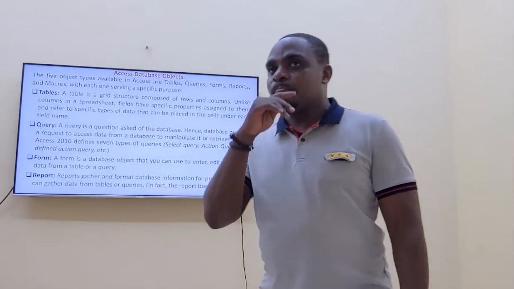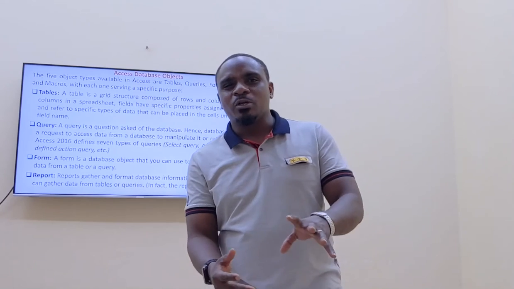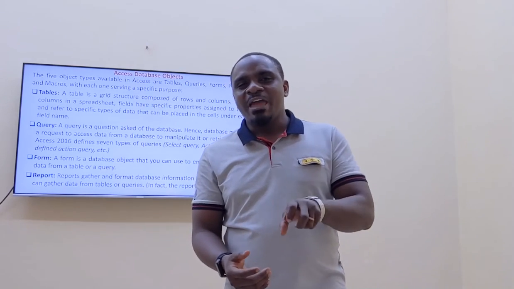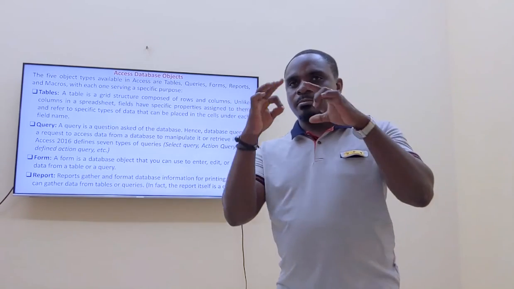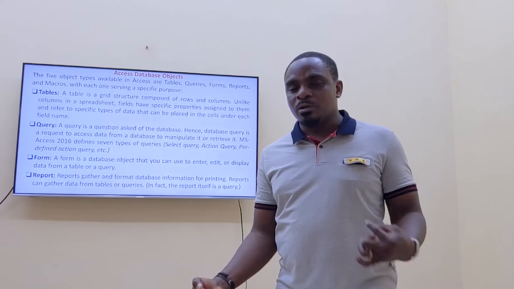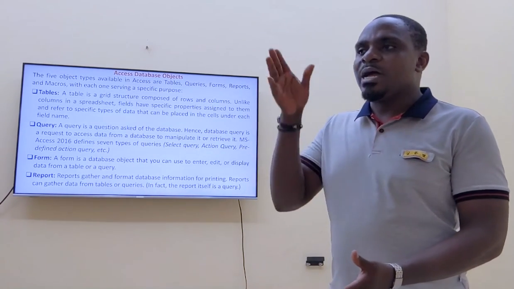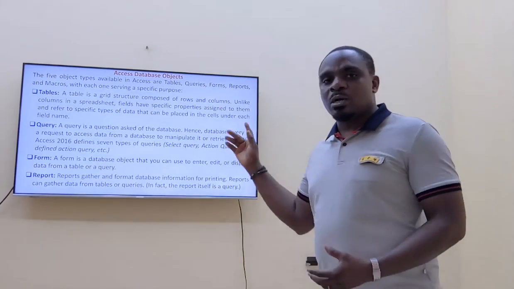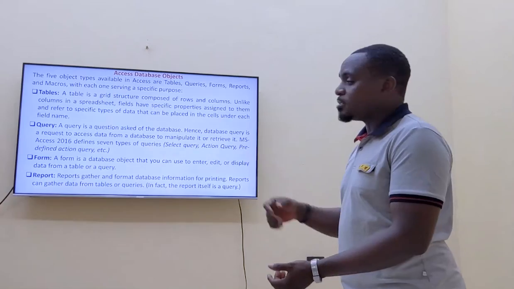If it is date of birth, then that particular column is just numbers. So there is what we call a data type for every single field on a database table. Every column has its own data type. We'll talk about the different data types we have in Microsoft Access soon.